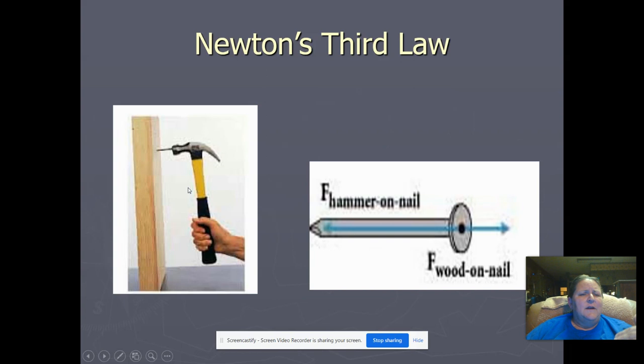At some point, the hammer, if you hit it hard enough, is going to have more force than the wood pushing back, and so the nail will go into the wood. But in this case, as it's pictured, the nail's not moving, the hammer is not bouncing back the other way. It's opposite but equal. And that's it.